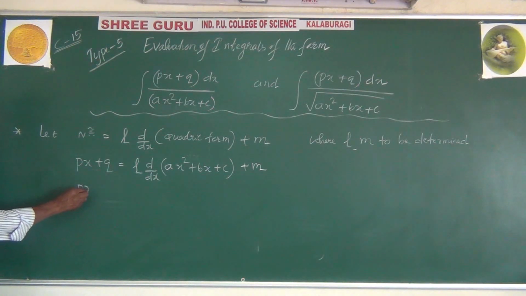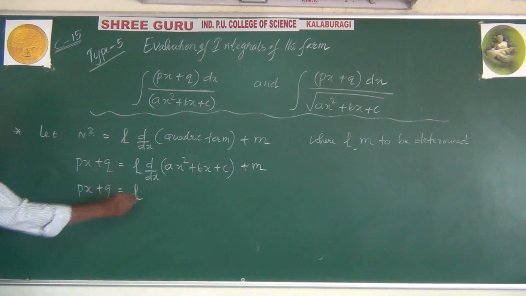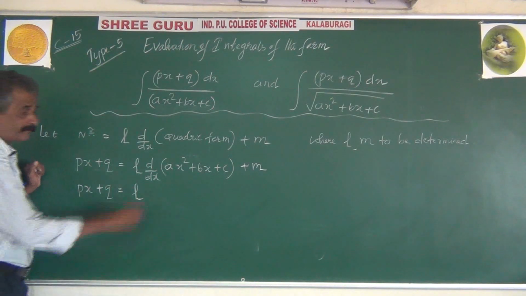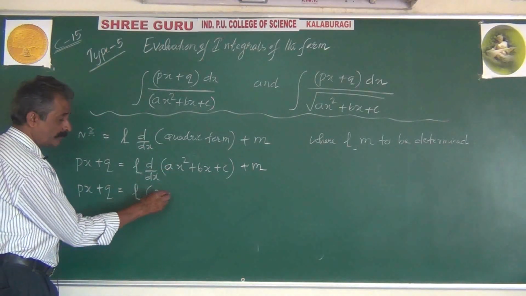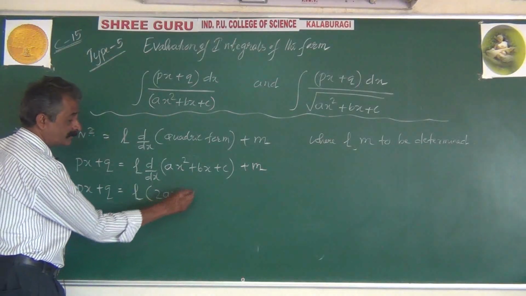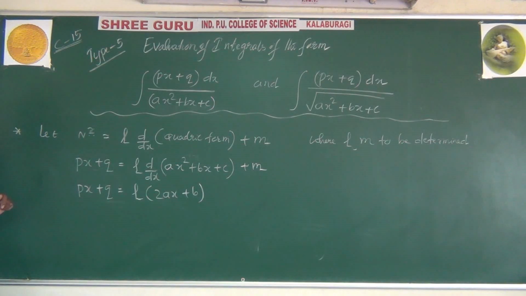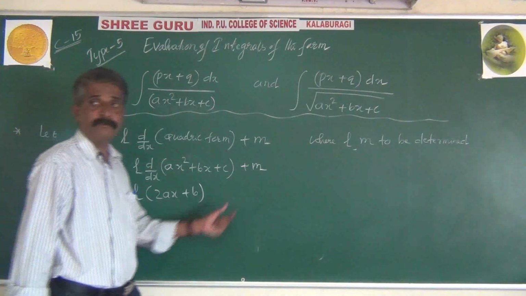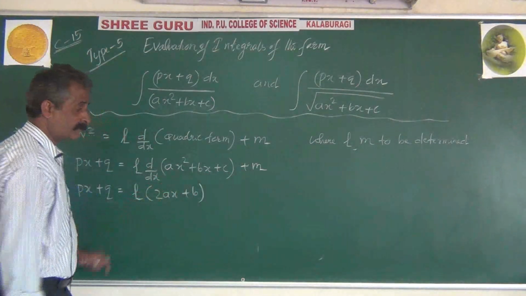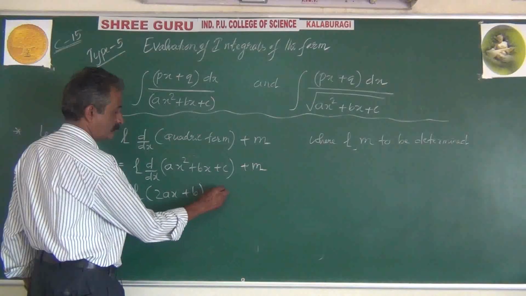Or px plus q equals L into the differentiation of ax square, 2ax, plus the differentiation of bx, b, plus the differentiation of c, 0 left out. But m does not come under the differentiation process separately, plus m.